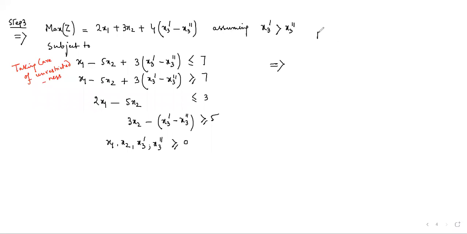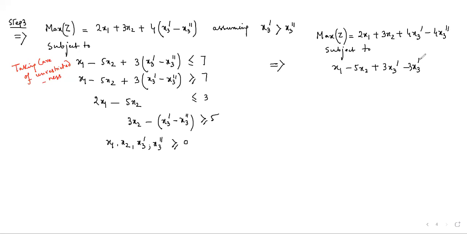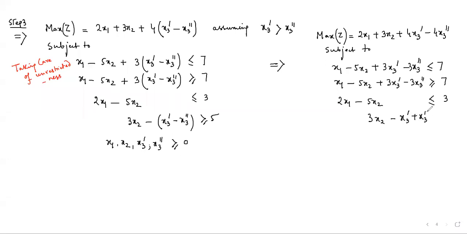A little bit of recalculation. We can write this as max z equals 2x1 plus 3x2 plus 4x3 prime minus 4x3 double prime, subject to x1 minus 5x2 plus 3x3 prime minus 3x3 double prime less than or equal to 7, x1 minus 5x2 plus 3x3 prime minus 3x3 double prime greater than or equal to 7, 2x1 minus 5x2 less than or equal to 3, 3x2 minus x3 prime plus x3 double prime greater than or equal to 5, and x1, x2, x3 prime, x3 double prime greater than or equal to 0.